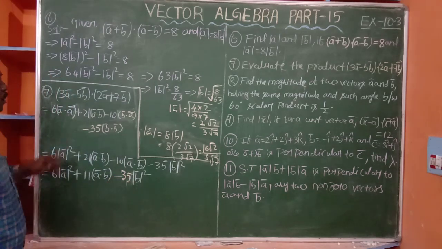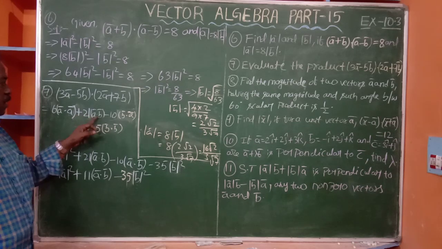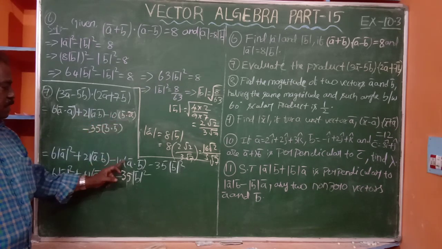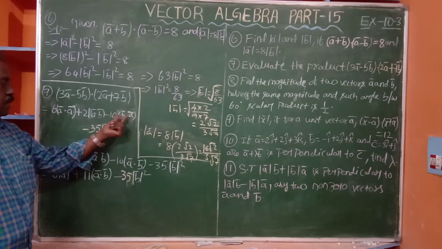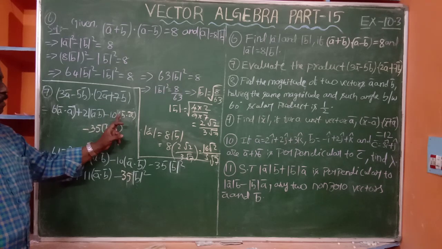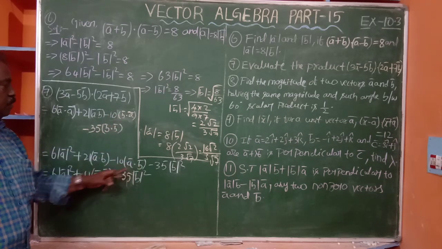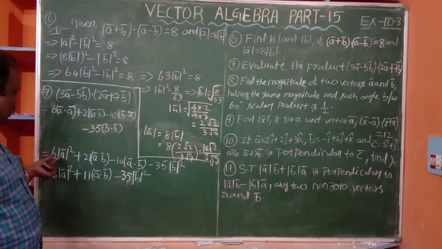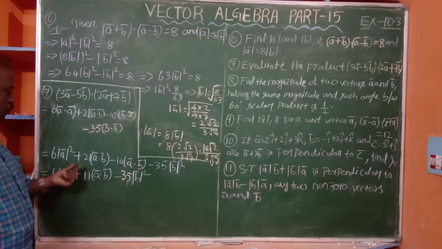Okay. Here it is, 21. A dot B is written as minus 10. B dot A is A dot B. Dot product follows the commutative law, just like B dot A is nothing but A dot B. Minus 35, minus of B bar square. Here it is 6, minus of A bar square.